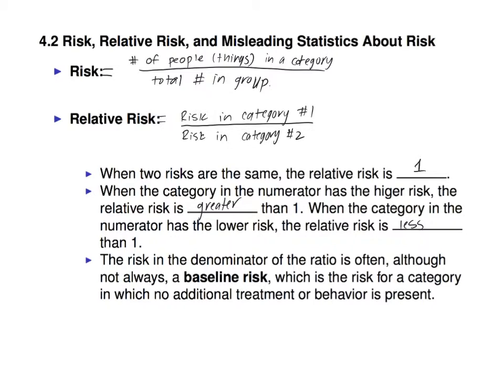In my case, all the time. Life. Okay. Is that kind of like a control group? Yeah, it is. So baseline risk is kind of like what would be the risk being your control group. It's a great way to think about it. So you have risk in category 1 taking drug versus risk in category 2 taking placebo. Right? So it's often like a control group type thing.